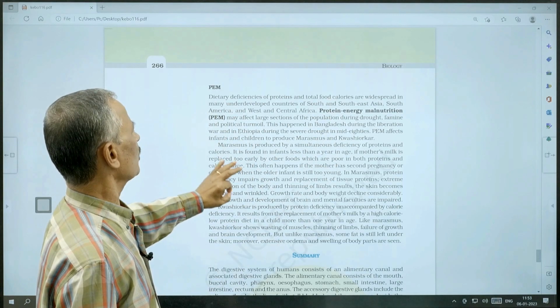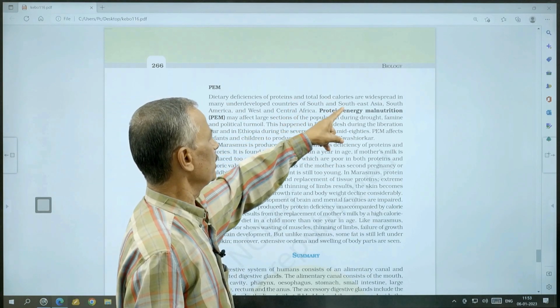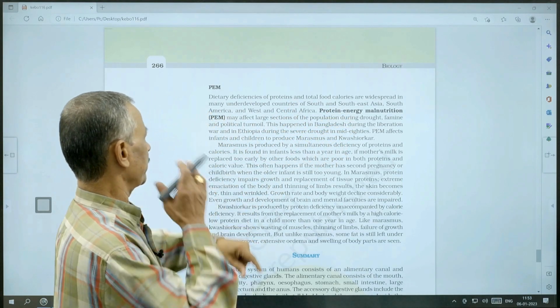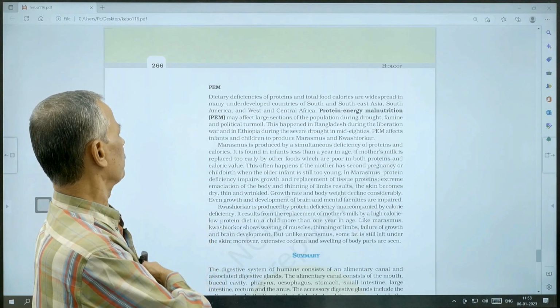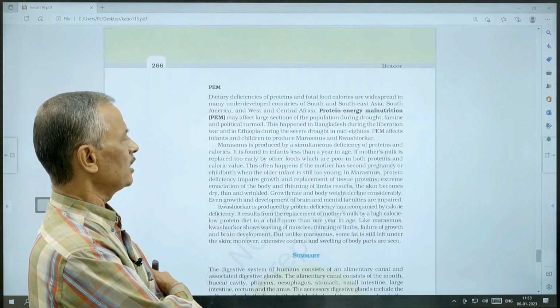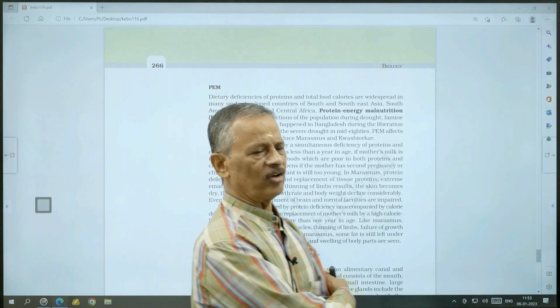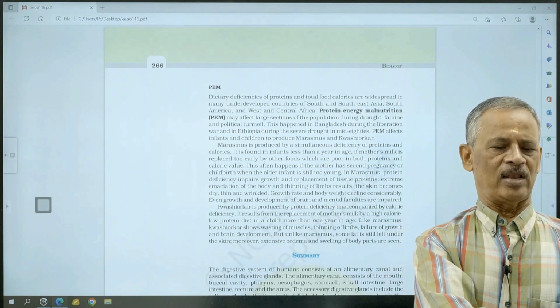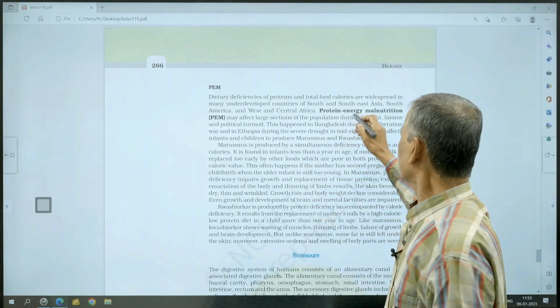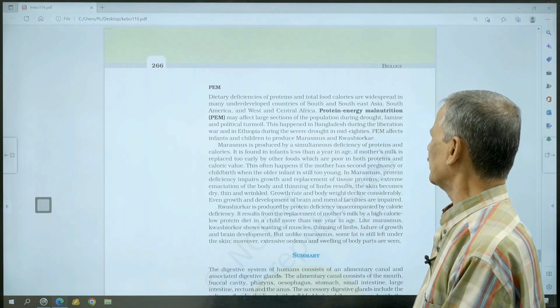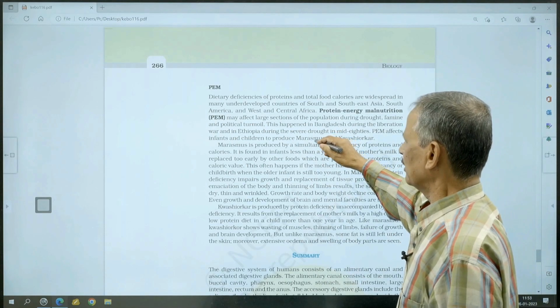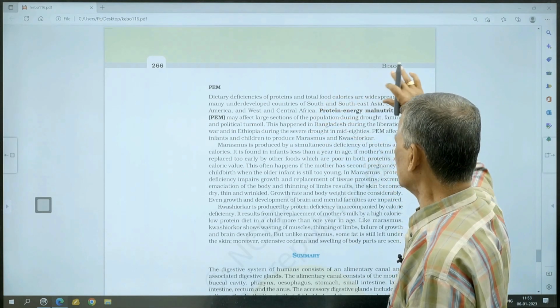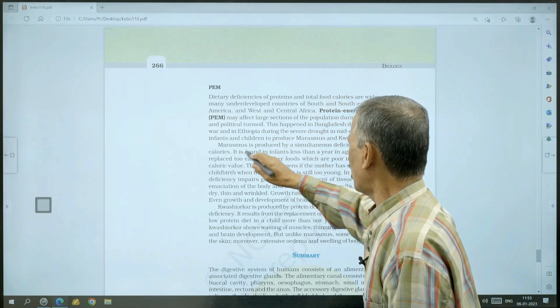Such problems are called protein energy malnutrition, which is commonly called PEM. Protein and energy are not available to your body in the required level. That is called protein energy malnutrition. This happens in poor countries of the world. They are of two types.